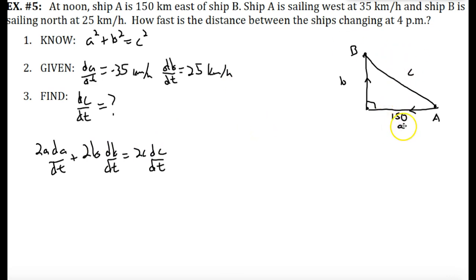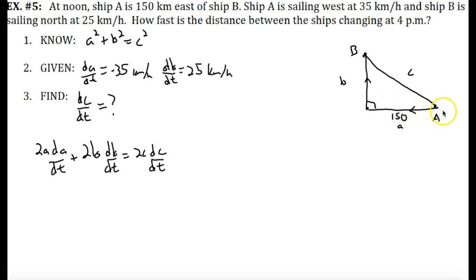The piece of information that we were given is that at noon, this distance right here was 150 kilometers. We want to figure out what's going on at 4 p.m., so that's 4 hours later. If this ship is moving 35 kilometers per hour in this direction, after 4 hours it will have traveled 140 kilometers, meaning all that's left here is 10 kilometers.